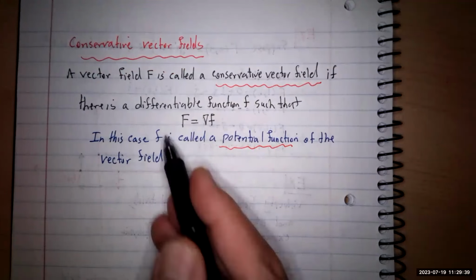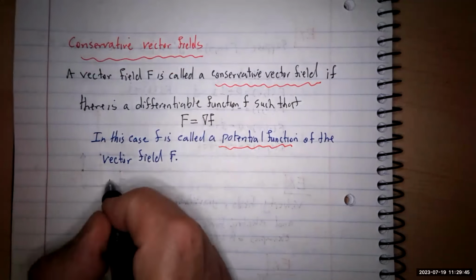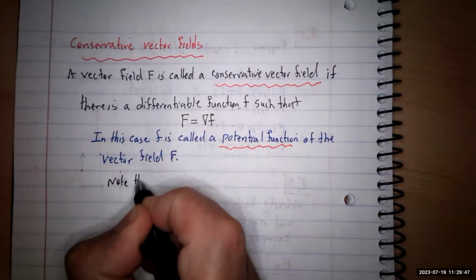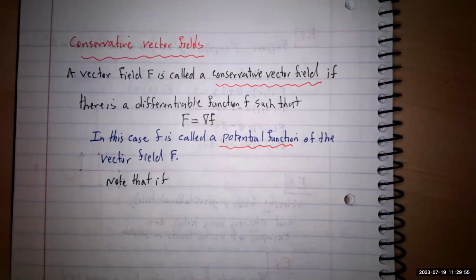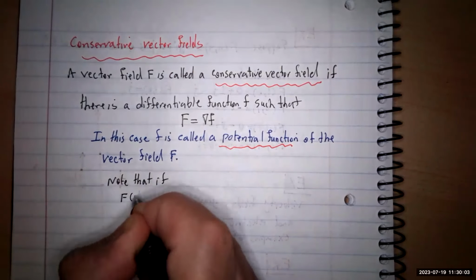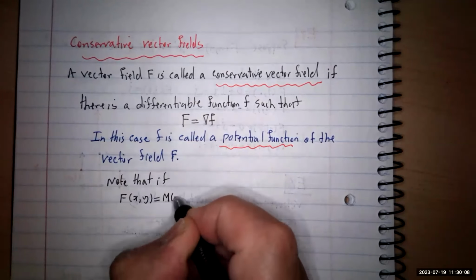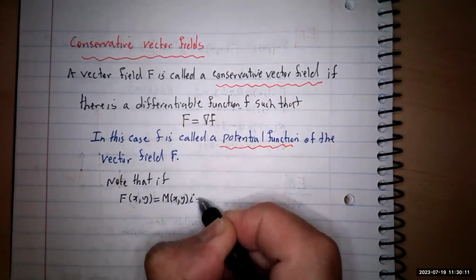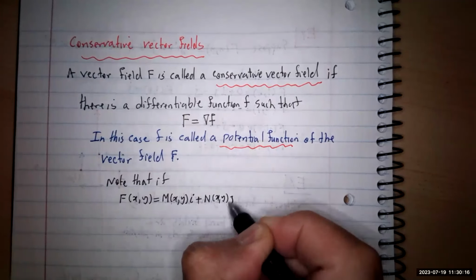So I'm going to expand this one to see if I can get something to remember. Note that I go with the vector field in R2 first, then I generalize it to R3 because they are going to be different. In R2, F of x comma y is M of x comma y i plus N of x comma y j.